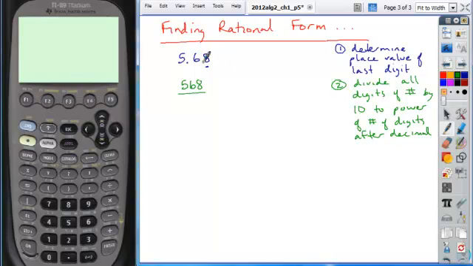So if you just look, there are 2 digits after the decimal, so take 10 to that power. 10 squared is 100. So you're just going to divide by the place value.